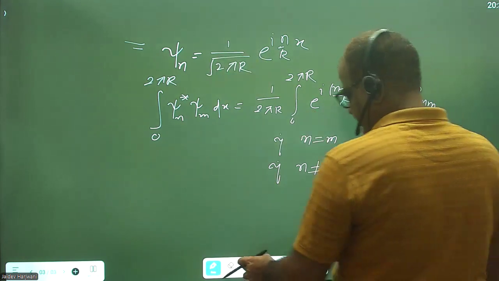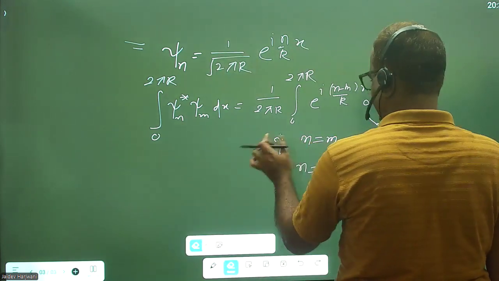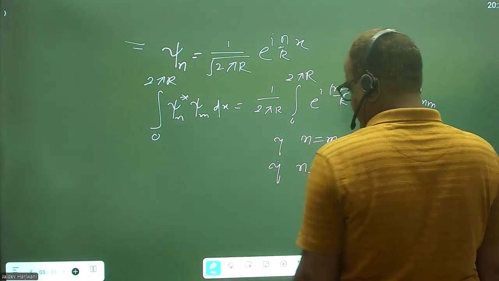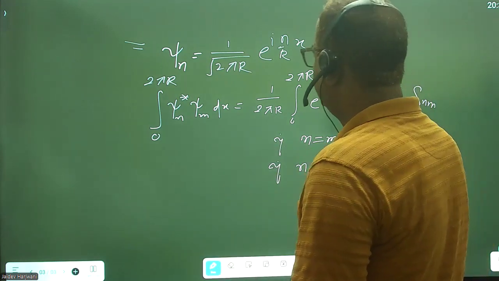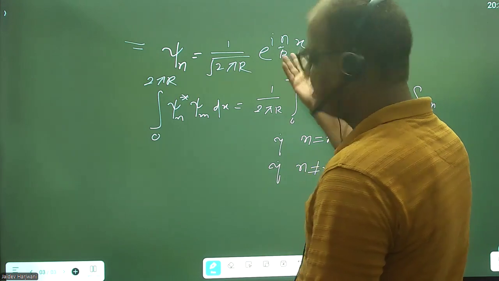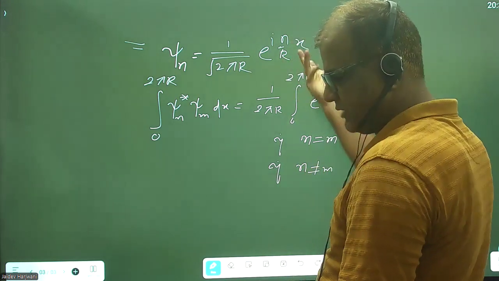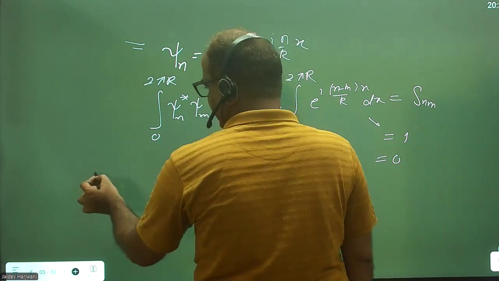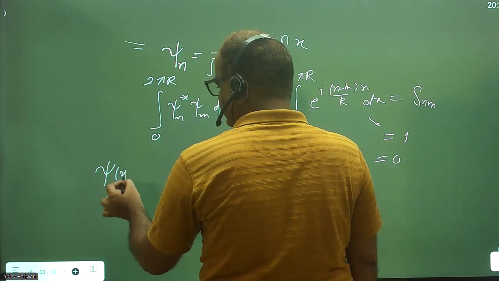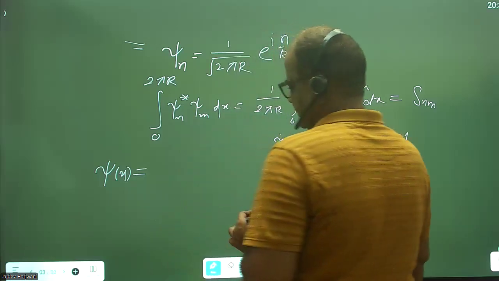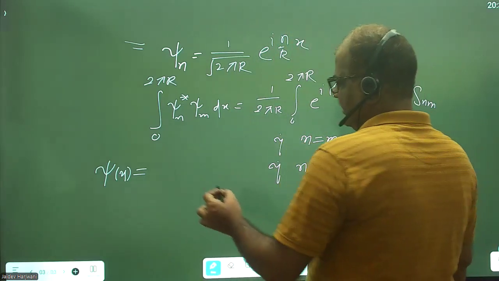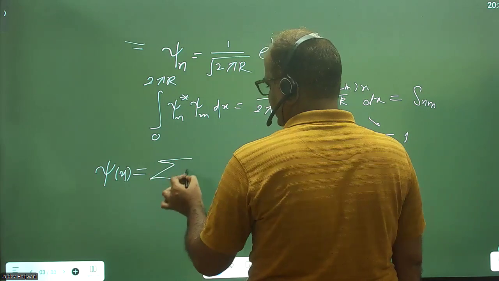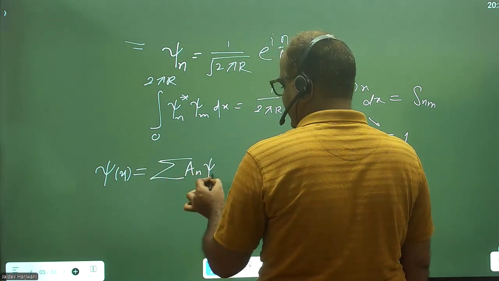So let us now calculate the probability of states. There's one more thing I can do, because these are sine and cosine type functions, harmonic functions, and we know from the Fourier series that I can write any periodic function psi x as a summation of a_n psi_n.